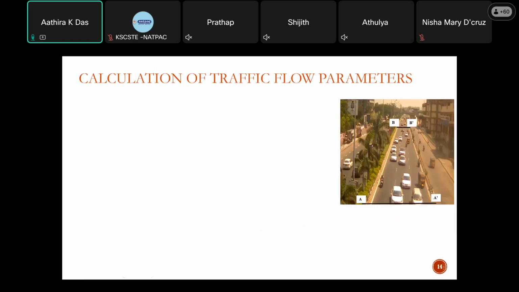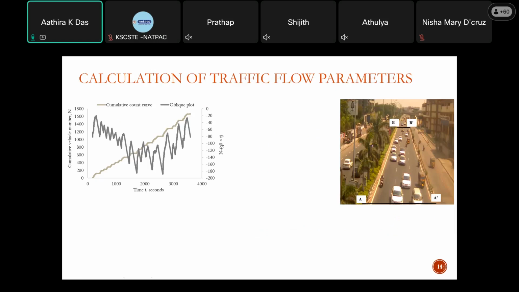So coming to the calculation of how these traffic flow parameters can be calculated. First, coming to the saturation flow required. Oblique plots are used to calculate the saturation flow in each cycle. Using the timestamp of all vehicle class data extracted at A dash, a cumulative count curve is plotted, which represents the cumulative number of vehicles crossing the reference line AA dash.